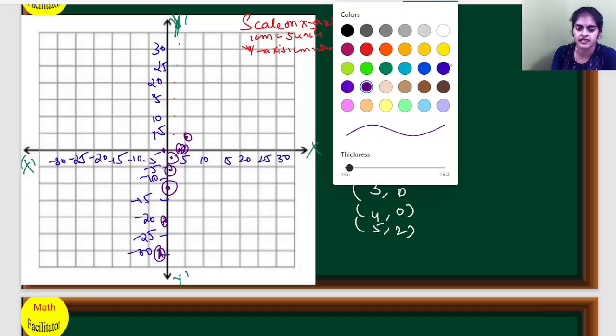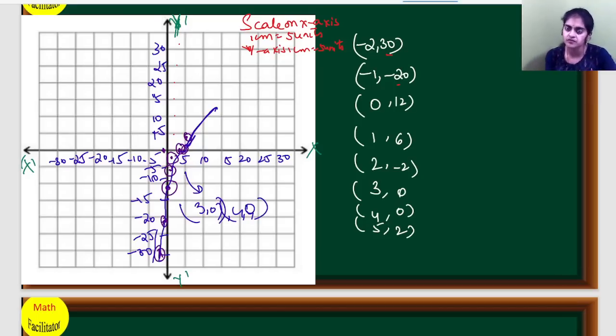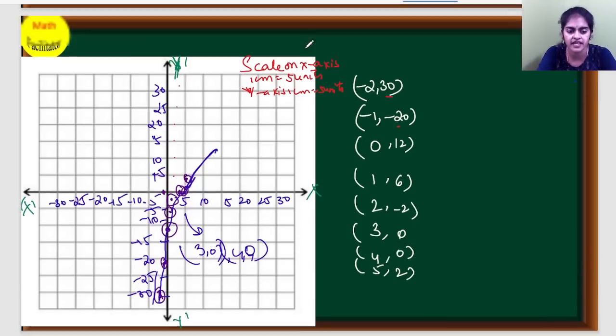So if I draw this graph, this would be something like this, a miniature figure like this. Okay, so here the zeros are 3 comma 0 and 4 comma 0. The graph is cutting at 2 points, 3, 0 and 4, 0. Clear? So what have we done in this procedure?